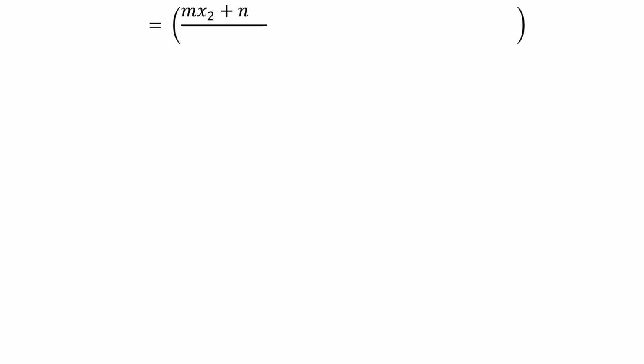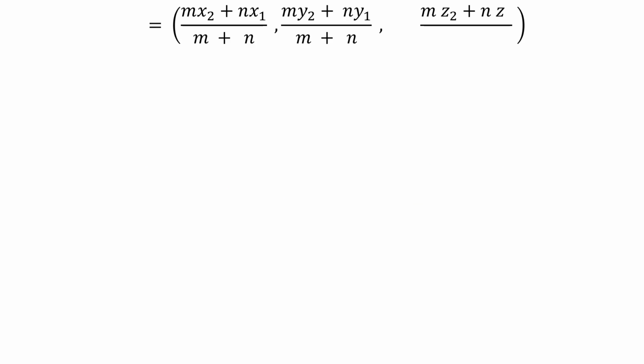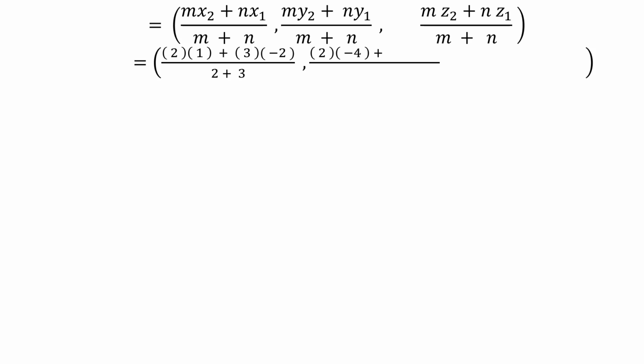Here again I am writing the formula (mx2 plus nx1) by (m plus n), comma (my2 plus ny1) by (m plus n), comma (mz2 plus nz1) by (m plus n). Okay, my dear children. So in this formula we substitute the values. So that is equal to, here m is equal to 2. So we substituted here.